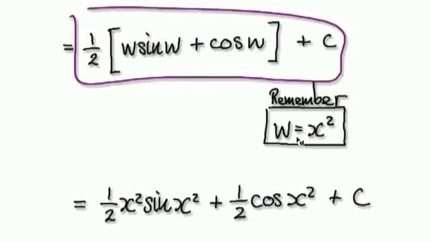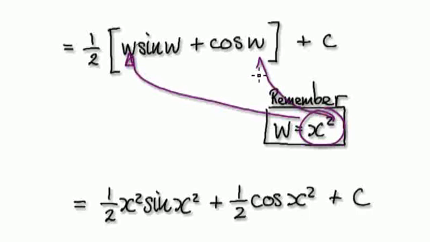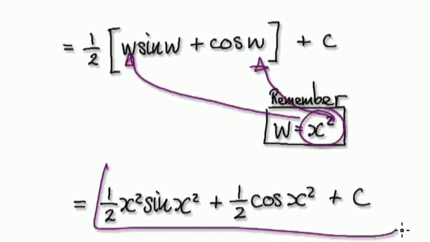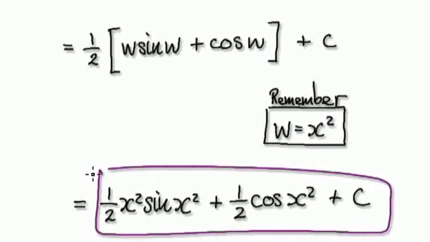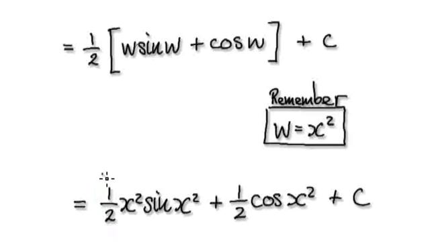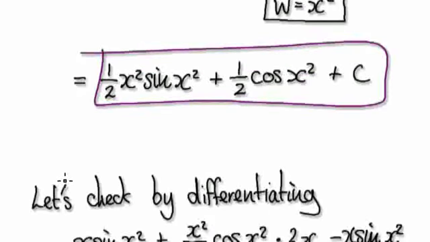But remember, we said earlier let w equals x squared. So now we need to put this back into here, and then back into here. So that will then take us to here. So overall, the answer would be this. Okay, so you can double check this. If you differentiate this, it should give you back our original integrand.